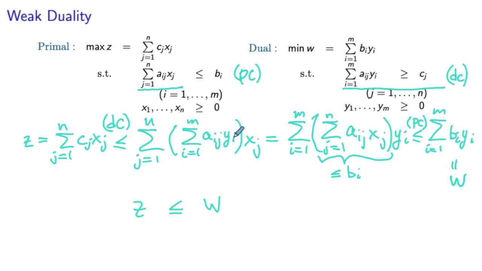So the objective of the primal would be greater than or equal to the objective of the dual. So here you have max and here you have min. So then you have this relation. So the highest you can go with Z cannot exceed the lowest you can go with W. All right, so this is the weak duality property.